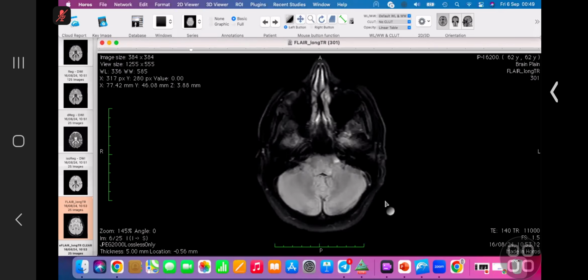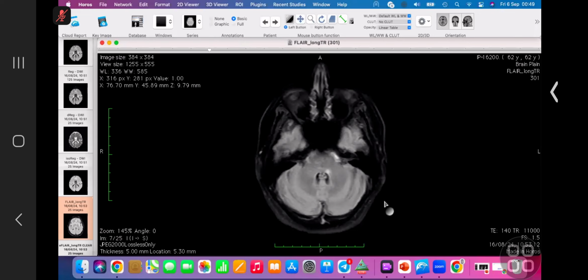Why are we seeing FLAIR images, especially in cases of stroke? Do you think there is any added value? Well, FLAIR is very sensitive to any white matter abnormality, especially in the supratentorial region. No, I'm talking about in cases of stroke. Why is FLAIR important?